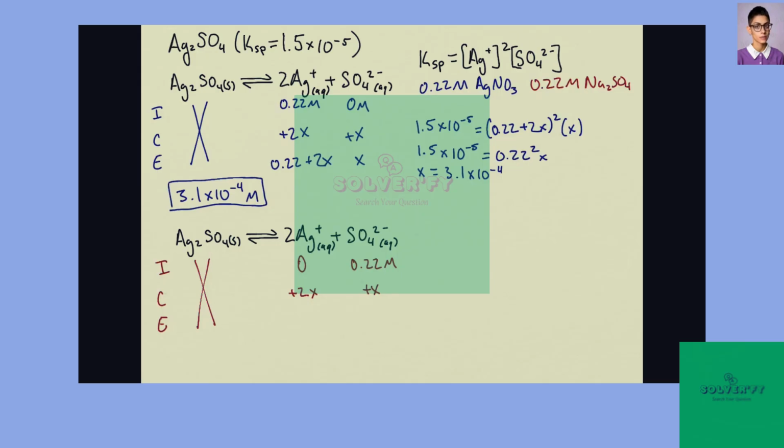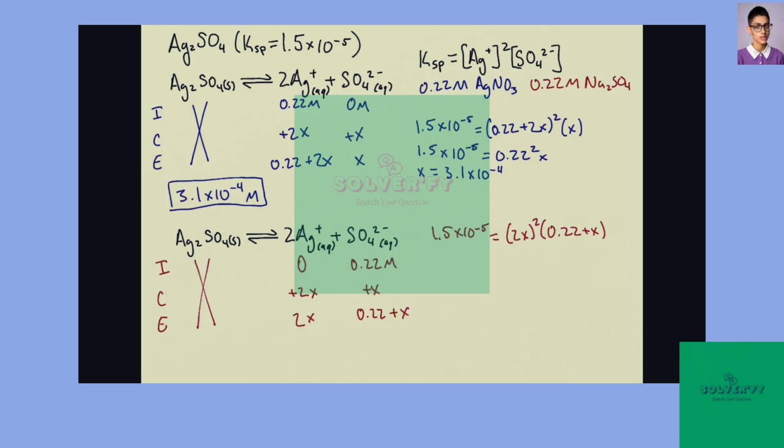And our equilibrium then is 2x for Ag+ and 0.22 plus x for SO4 2-. Again, we can plug our values into this expression here, and we get 1.5 times 10 to the negative fifth is equal to (2x) squared times (0.22 plus x).